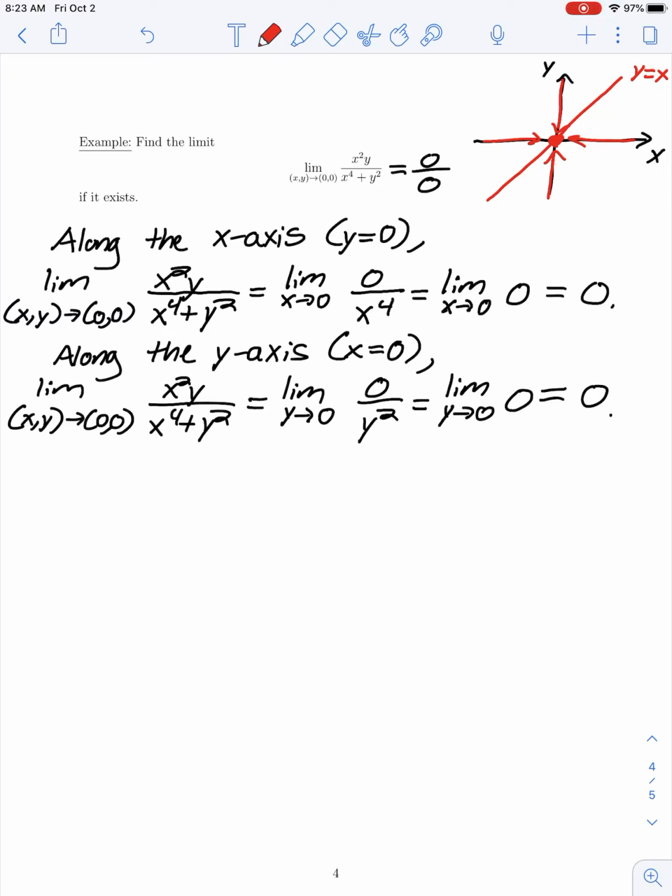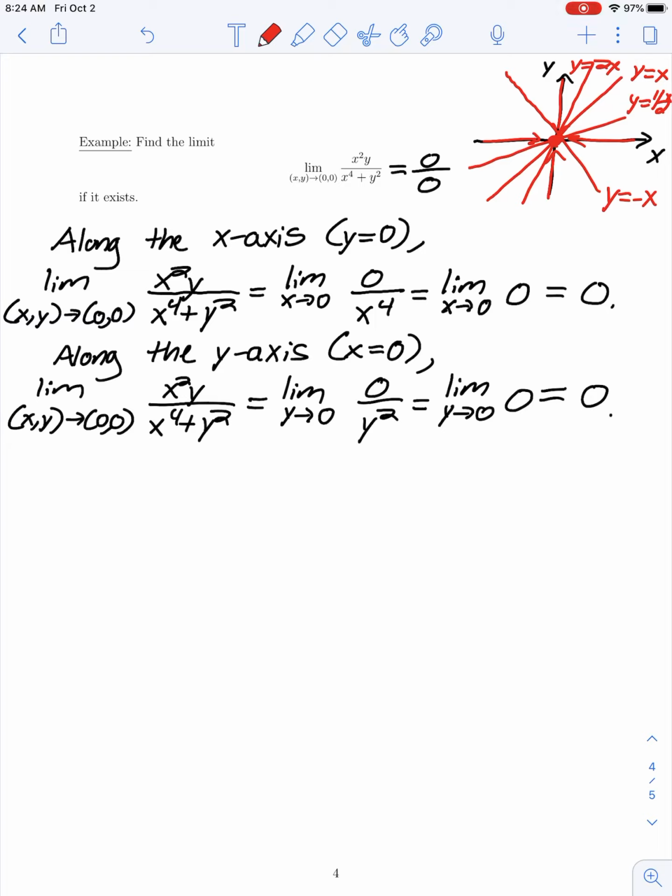Now let's say that we had the same limit along this path. Well, I would then have to consider maybe a different line passing through the origin. Let's say y equals 2x, or maybe y equals 1/2 x, or lines with negative slope through the origin, say y equals negative x, and so on.